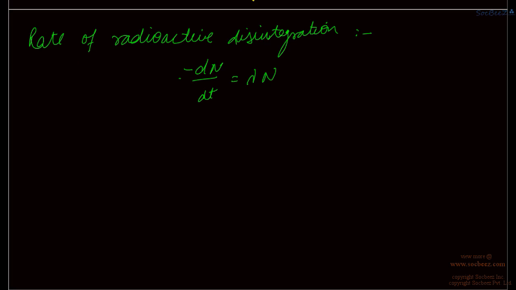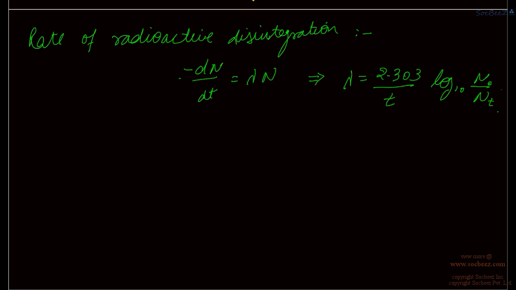we get the rate equation, or this implies that lambda equals 2.303 upon t log10 N0 upon Nt. Here N0 is the initial number of atoms and Nt is the number of atoms left at time t.